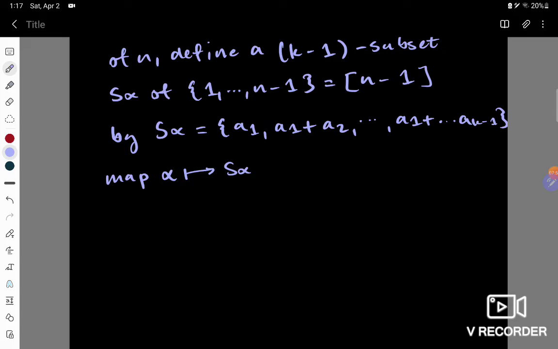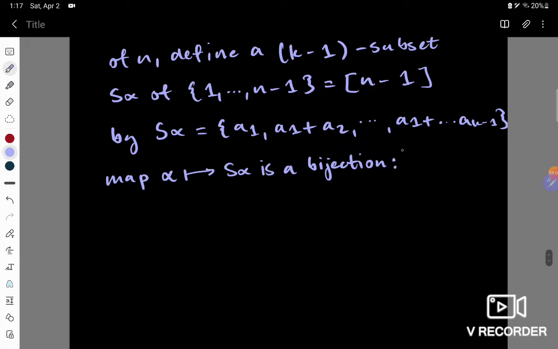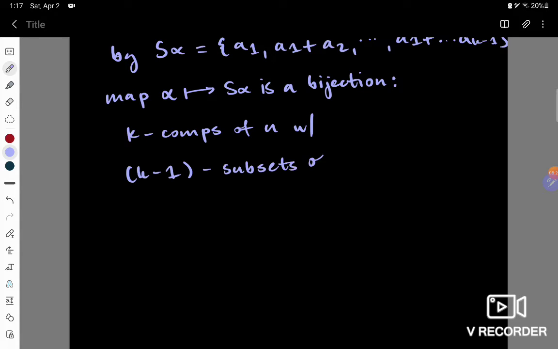It's a bijection between all k-compositions of n and k minus 1 subsets of n minus 1, or n minus 1 elements.